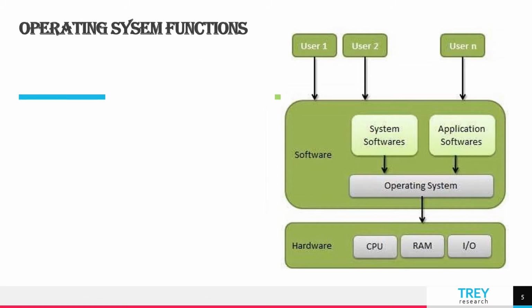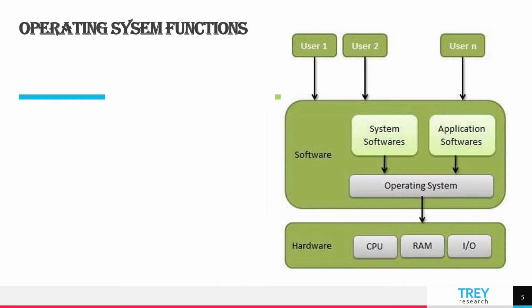Now when you look at this Venn diagram, it's got user 1, user 2, and also user n. These are accessing what? The software. Under the software here, we've got the system software and also the application software. In this lecture, we'll talk much about the system software and the application software.